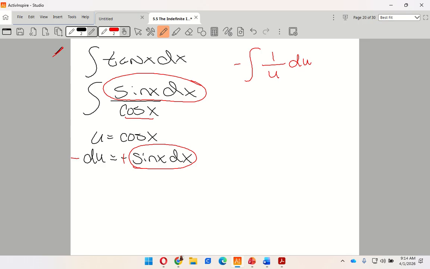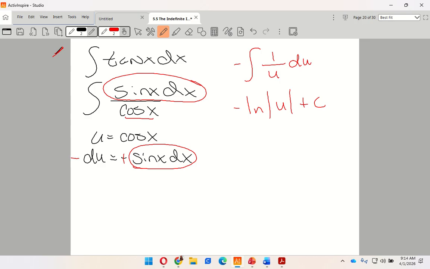Now, what is the integration of 1 over u? ln. So now I'm going to have negative ln of absolute value of u plus c. Now what is u? Cosine.